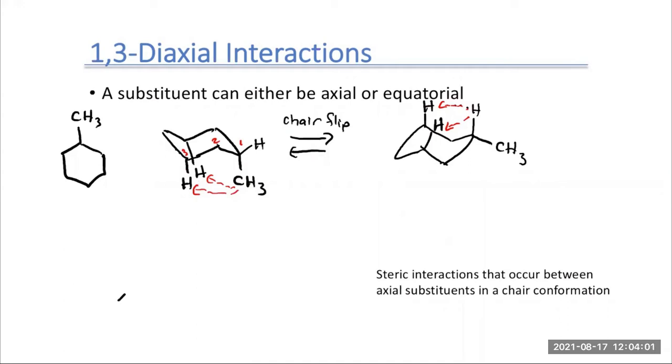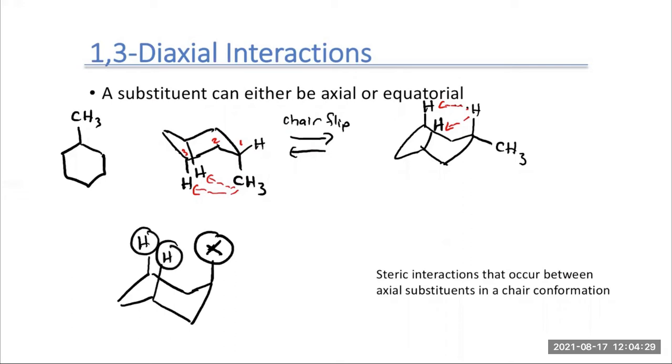And so if we were to draw our ring again, whatever our group is here, we'll call it X, it's going to interact with the electron cloud on each of those hydrogens. And it's going to create that steric strain between the electron clouds there.